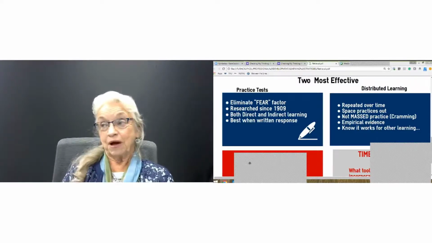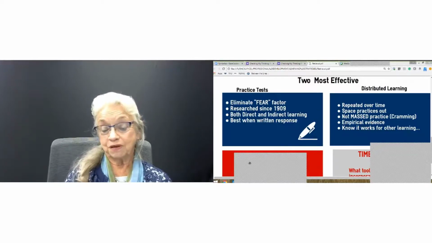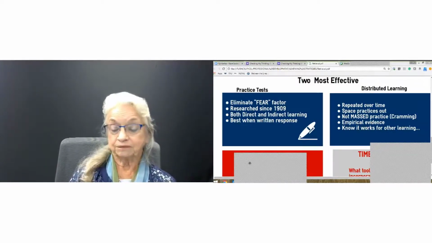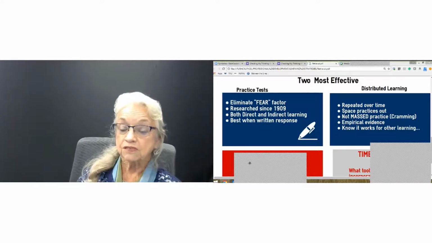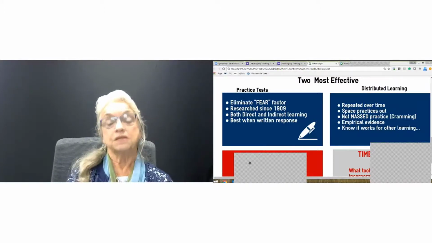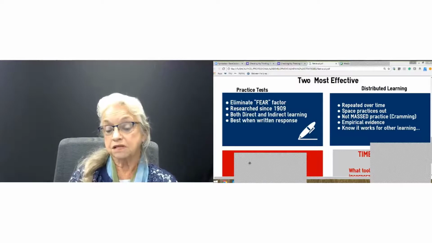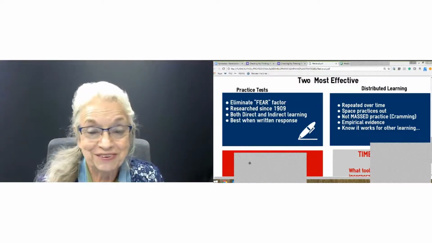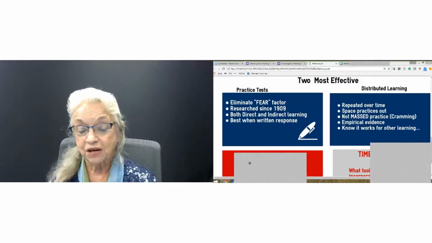So cramming, while it might get the score that they want on an exam, doesn't support learning. What's interesting is that there's a great deal of empirical evidence about distributed learning. And what was intriguing to me is that we do this all the time, but we don't make that connection to learning.